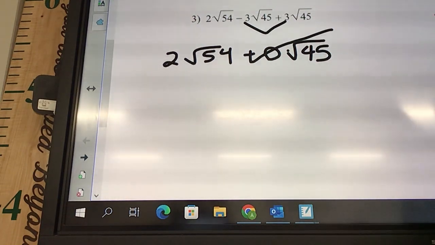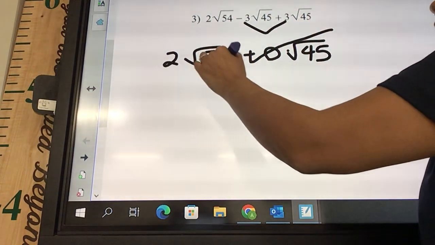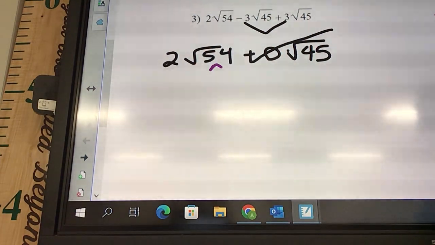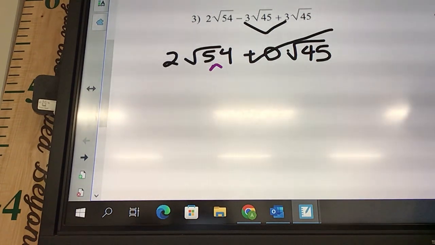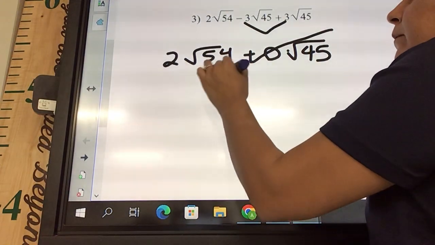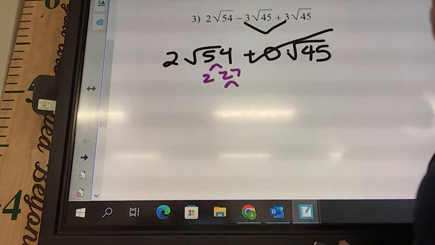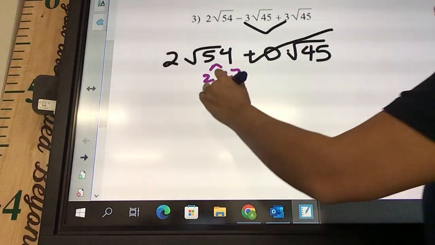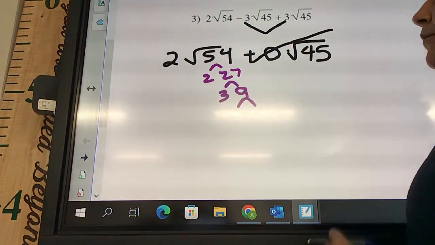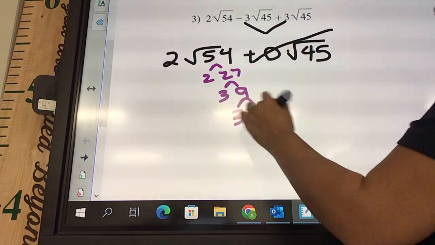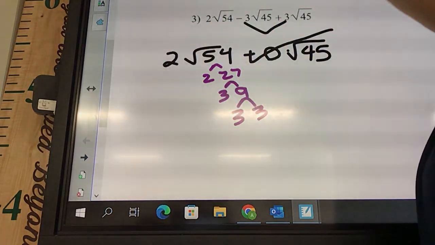The 54, what are some factors of 54? 2 and 27. 27, 3 and 9. And then 9, 3 and 3. What do we need to do with this 2?